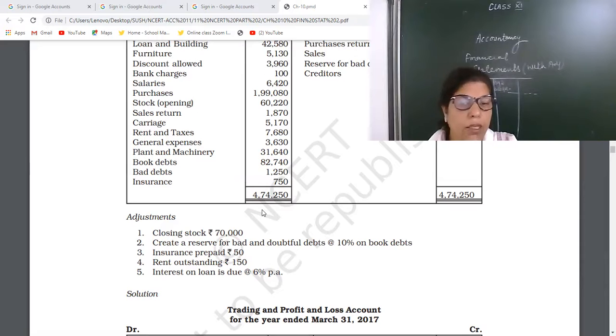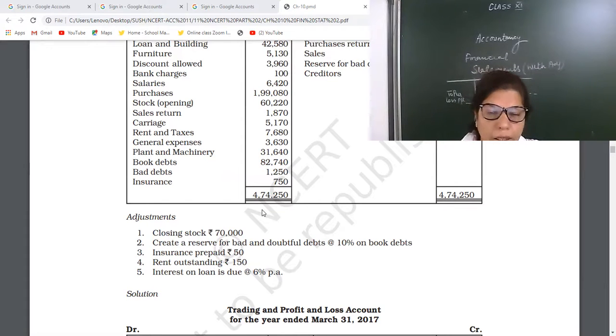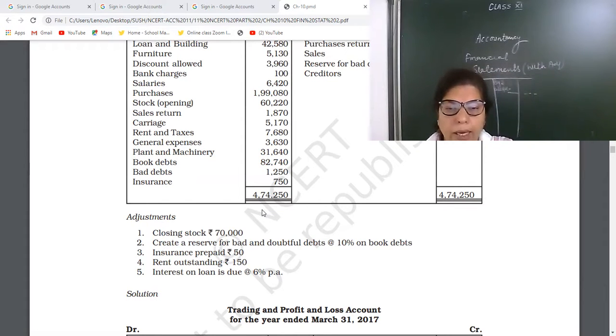Very good. Now create a reserve for bad and doubtful debts, 10% on good debts. Means debtors value is given and on that you have to prepare 10% PBD. PBD means provision for bad and doubtful debts. Now insurance prepaid, see your adjustment list.